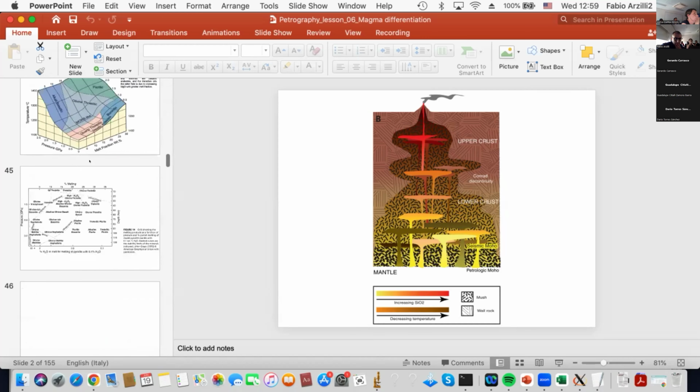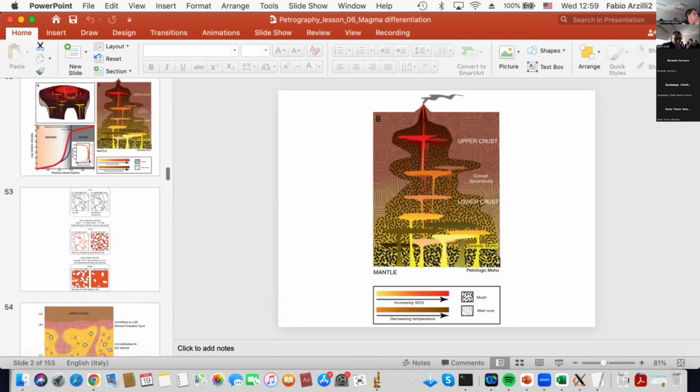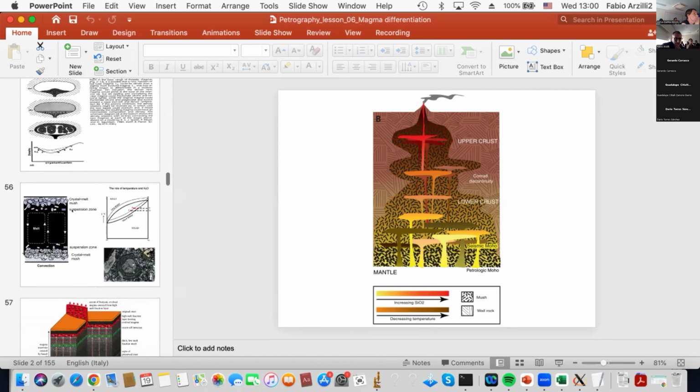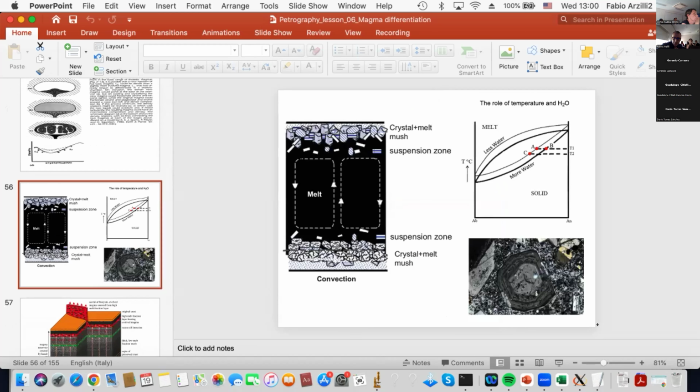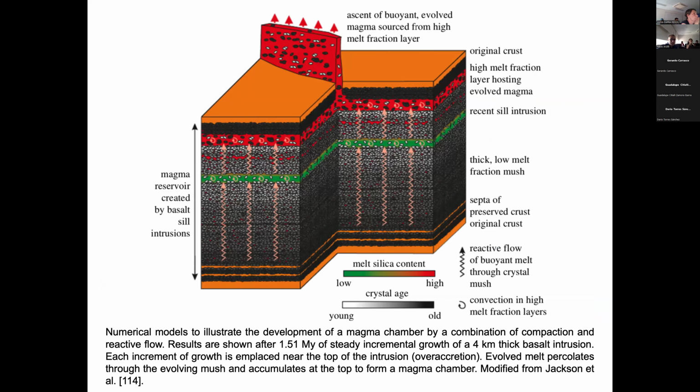You have fractional crystallization through separation of crystals by density. In a basalt, it's possible that olivine will sink down and plagioclase will float, and so therefore you will have a differentiation of liquid through time.